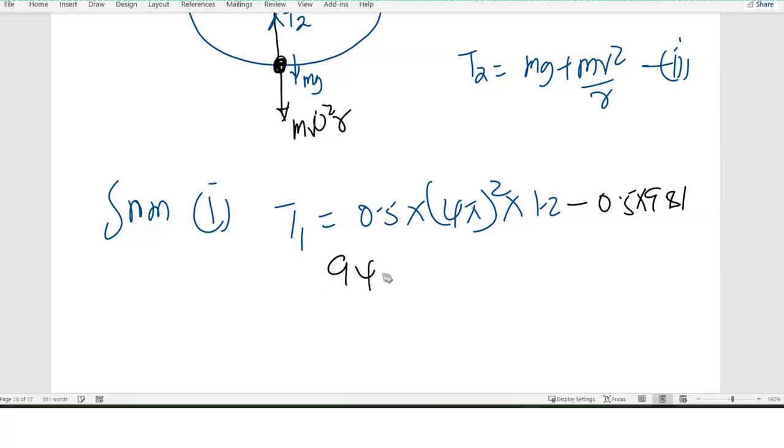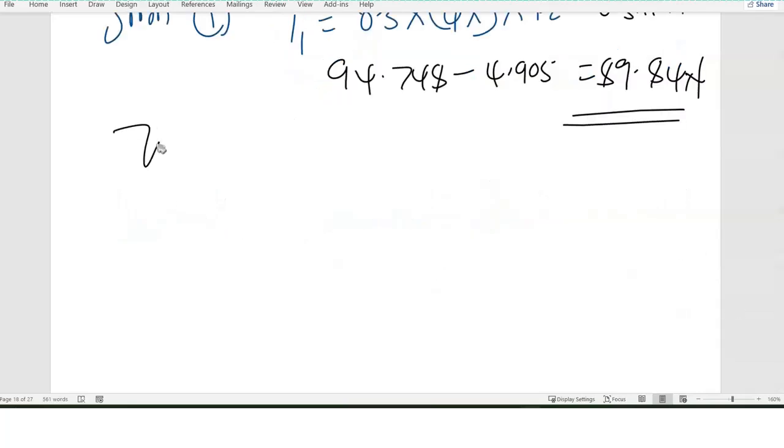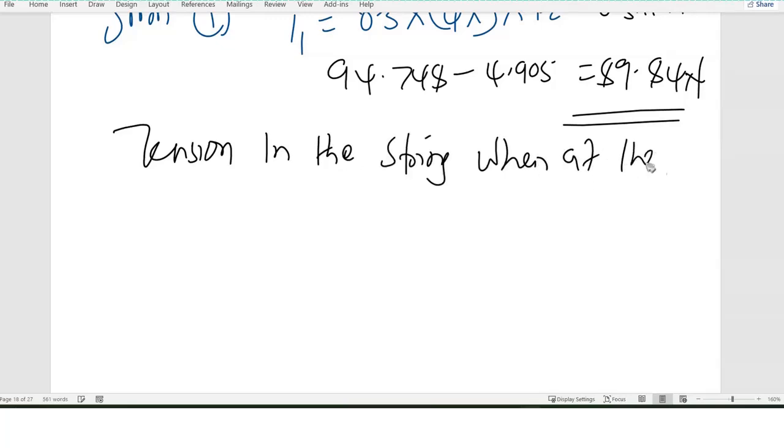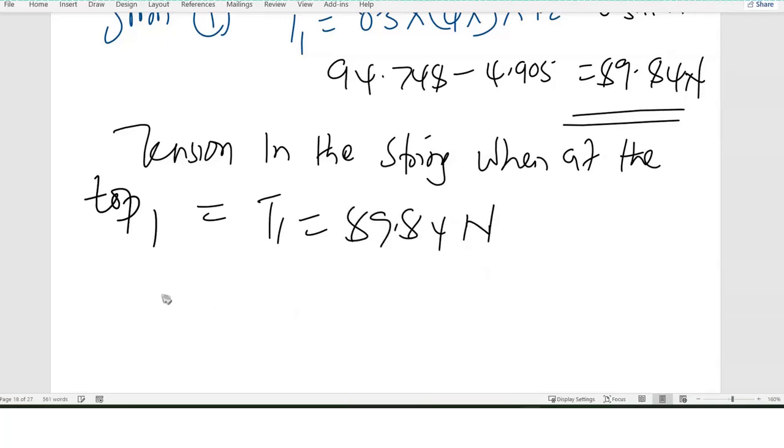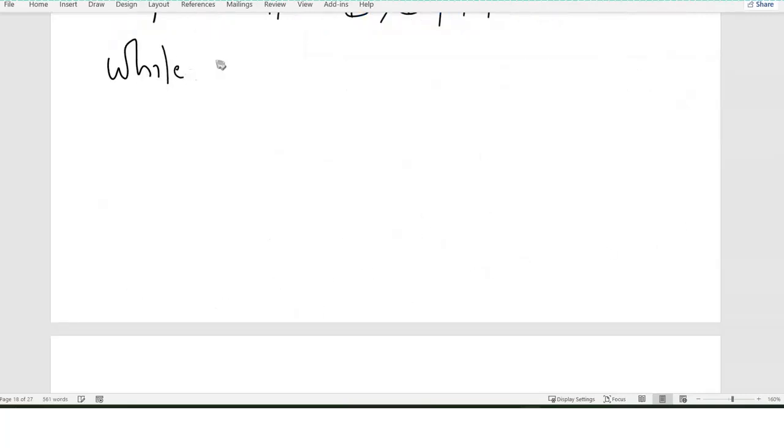So this is 94.748 minus 4.905, and this is equal to 89.84 newtons. So the tension in the string at the top, T1, is equal to 89.84 newtons.